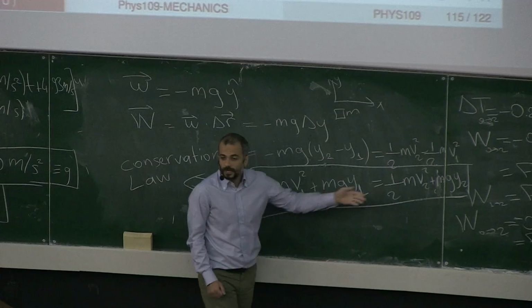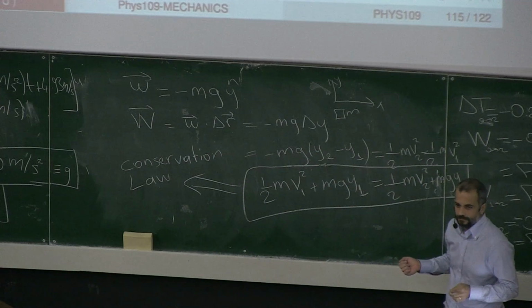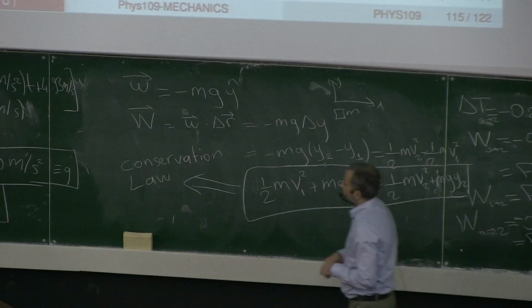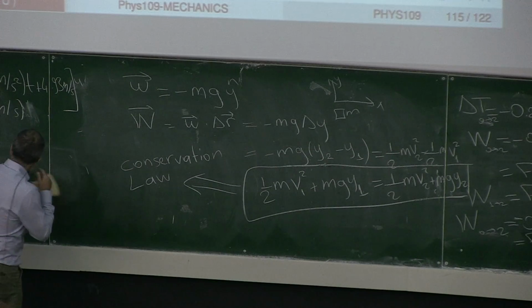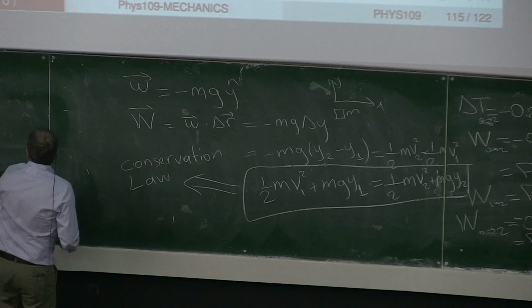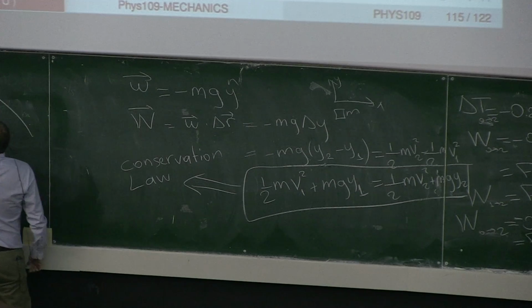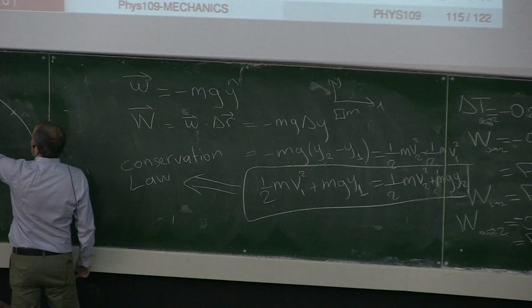Now the initial point and the final point, we just picked any 2 points along the motion of my object. So this was the trajectory of our object. I just picked this point and this point.